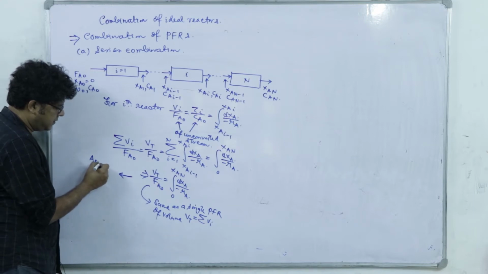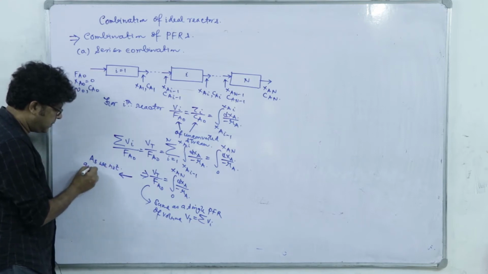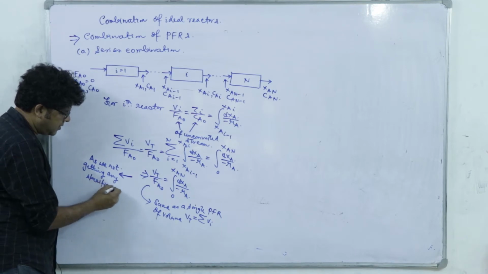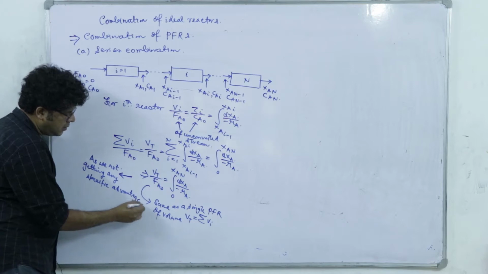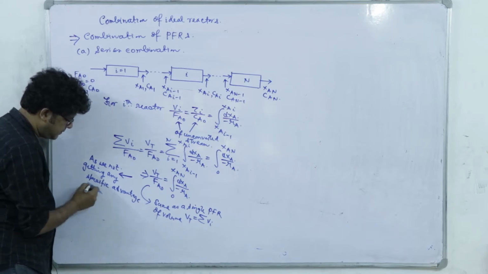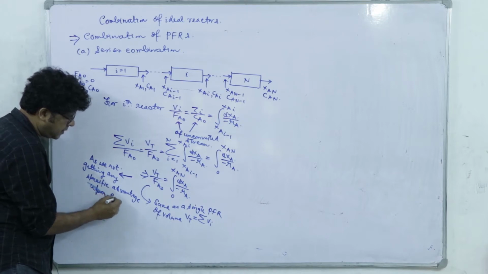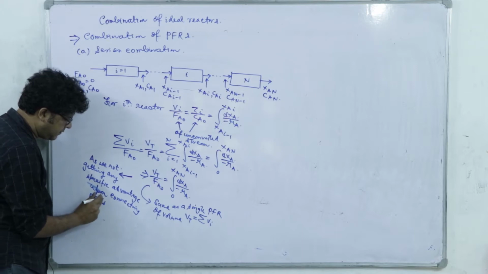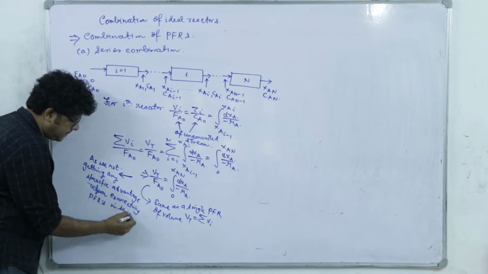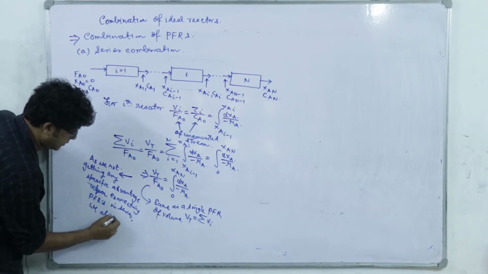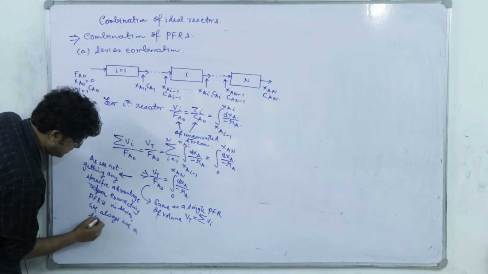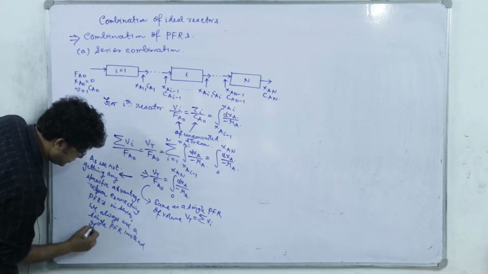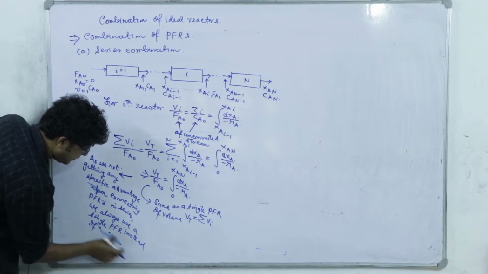So, our conclusion or inference is, as we are not getting any specific advantage upon connecting PFRs in series, we always use a single PFR instead of combining them or instead of connecting them together.